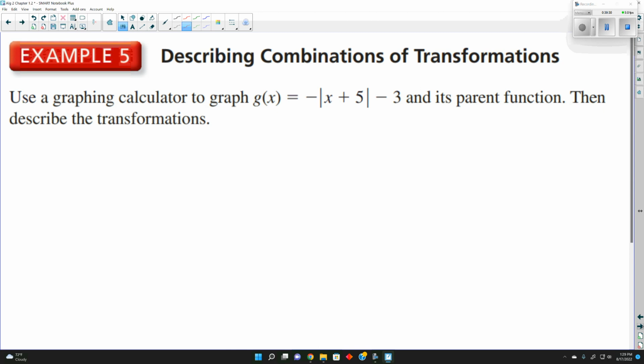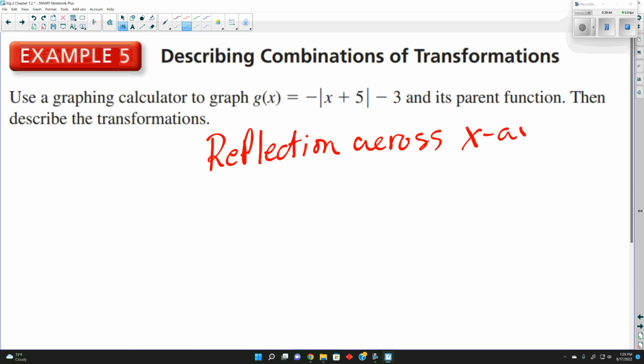How many translations or transformations do we have? 3. Because the negative out front is what, A? Across almost x-axis. Since it's outside, it would be x. Okay, that takes care of that.